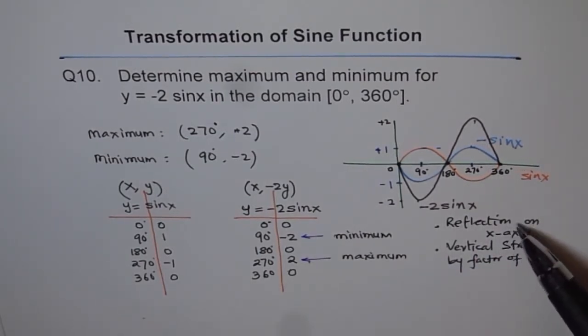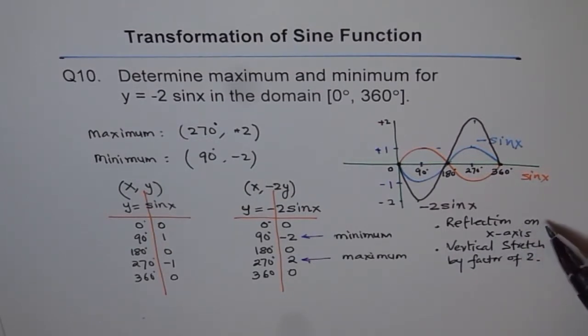Now because of the reflection, maximum becomes minimum and minimum becomes maximum, and because of vertical stretch, their magnitude gets multiplied by 2. So instead of 1 and minus 1, we have the values 2 and minus 2, and the positions are changed. Instead of having maximum at 90 degrees, we have minimum at 90 degrees and maximum at 270 degrees for our transformed function y equals to minus 2 sine x.